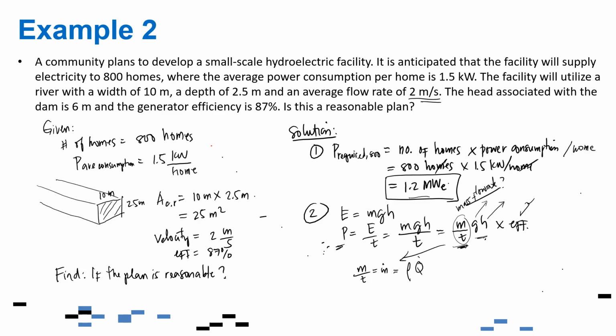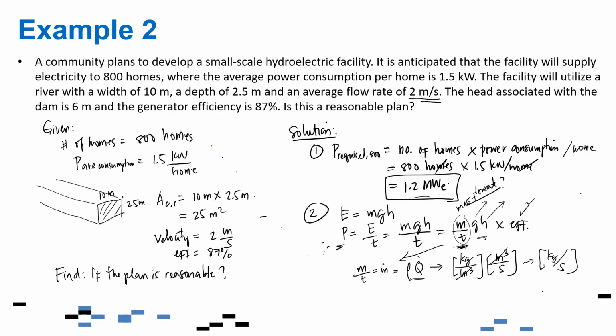If you put this into unit analysis, density is kilogram per cubic meter times cubic meter per second, so kilogram per second is the unit for mass flow rate.